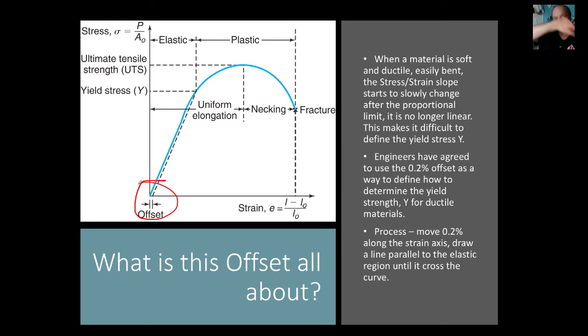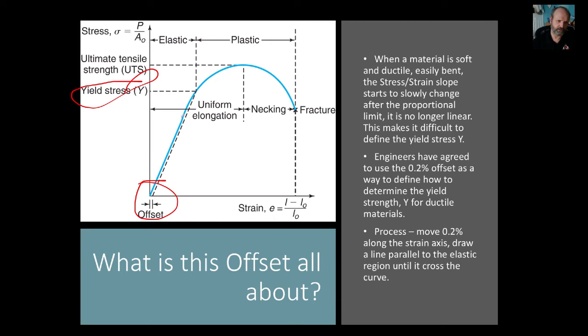It starts to bend early on. And what you want to do there is define that material in a certain way to show the material properties. So, it's hard to define where the yield stress is in materials like that, because it's like, well, when is it going to plastic? It seems to go to plastic in a region.